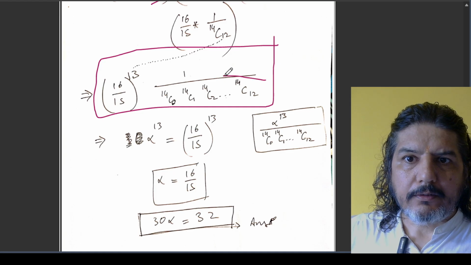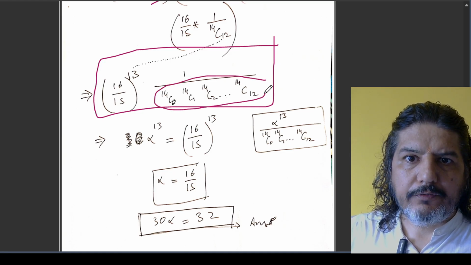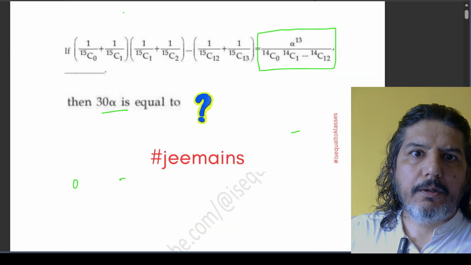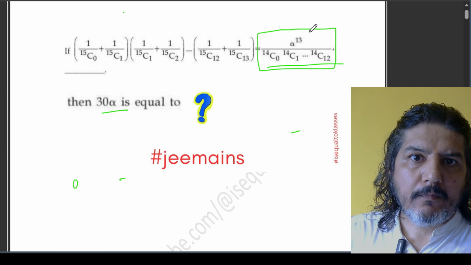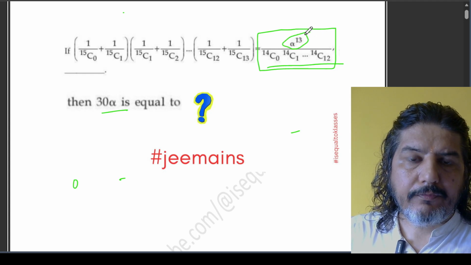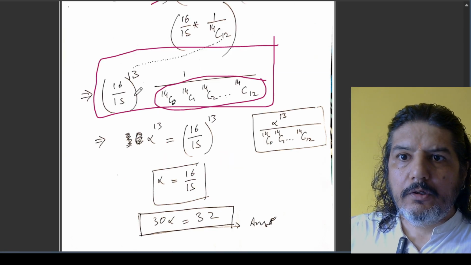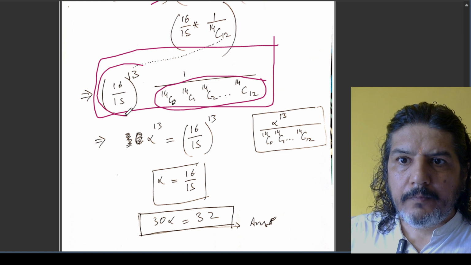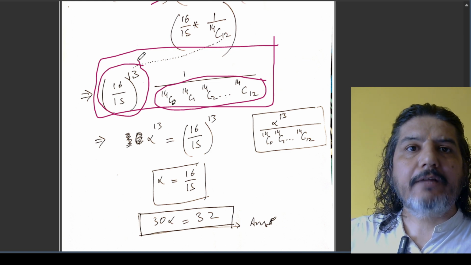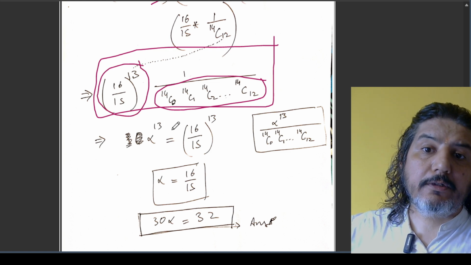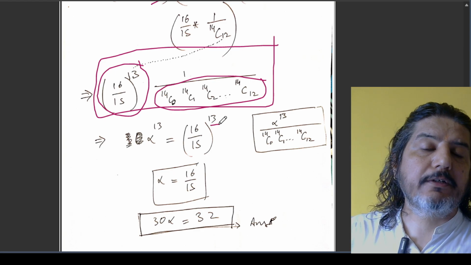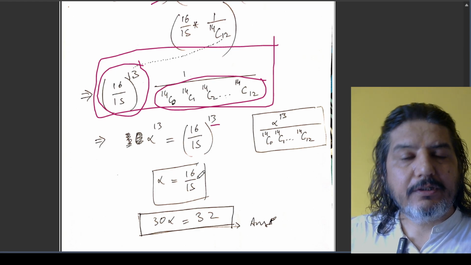See my denominator 14C0, 14C1, 14C2 till 14C12. This matches perfectly. Here I have alpha raised to power 13, so this part would be my alpha raised to power 13. So alpha raised to power 13 would be 16 upon 15 raised to power 13. And therefore alpha is 16 upon 15.